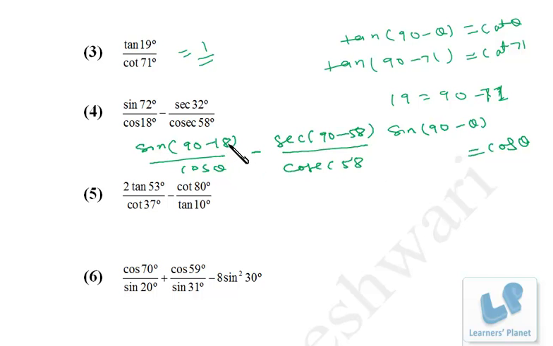Now sine 90 minus theta is cos theta. Here theta is 18. Here it is also 18. So sine 90 minus 18 will be cos 18. Cos 18 by cos 18 will be 1. Minus, sec 90 minus theta is cosec theta. Here theta is 58. So sec 90 minus theta is cosec theta. So it's cosec 58 by cosec 58, that's 1. So it's 0. Right?